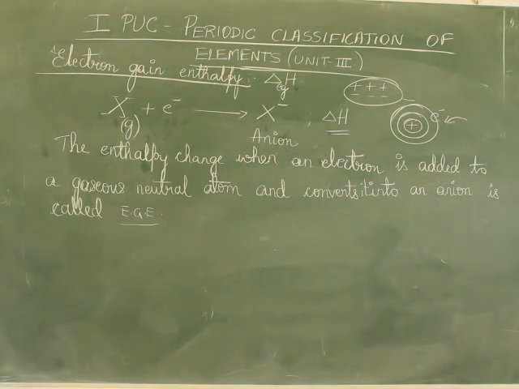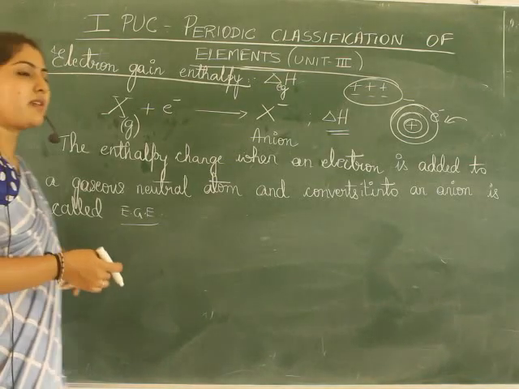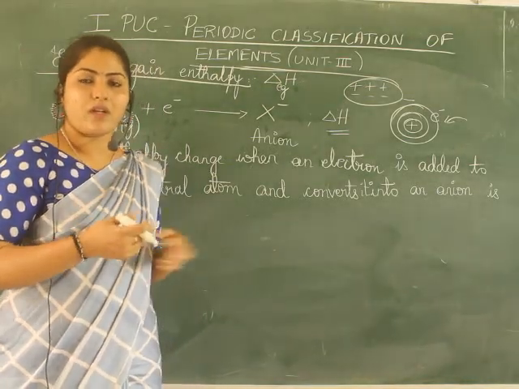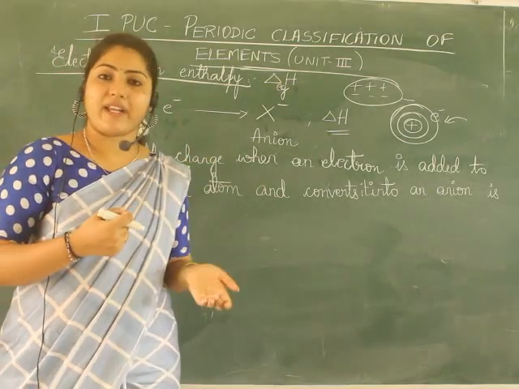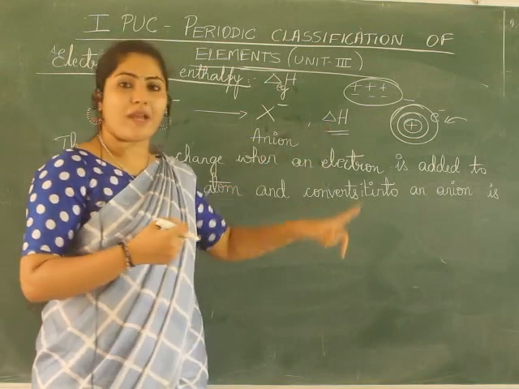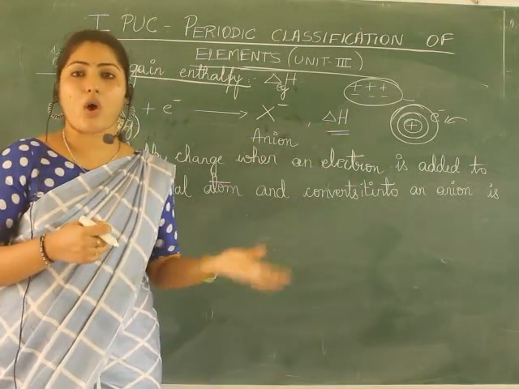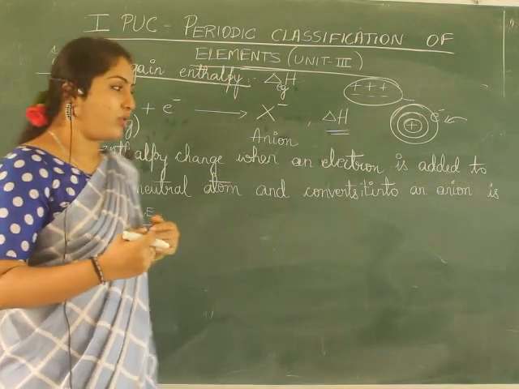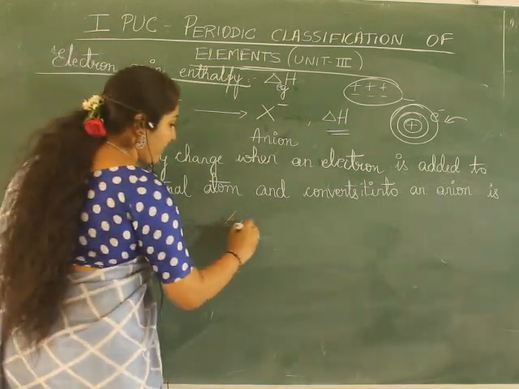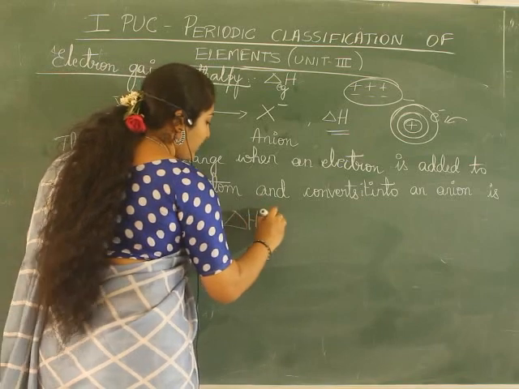So during the gaining of electron, heat can be liberated. That means the delta H value can be minus, or it might be plus also. You know this, isn't it?